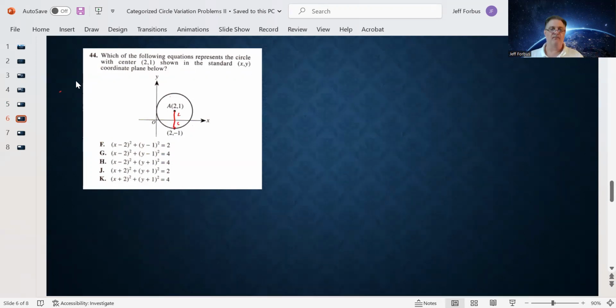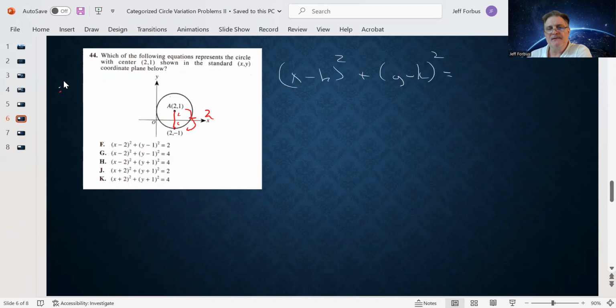So our radius is 2 units. So we're going to look for something. The radius squared is going to be a 4. We know the center is 2, 1. All right, so let me get back over here. Again, we're looking for an equation of this standard form, if you want to say.